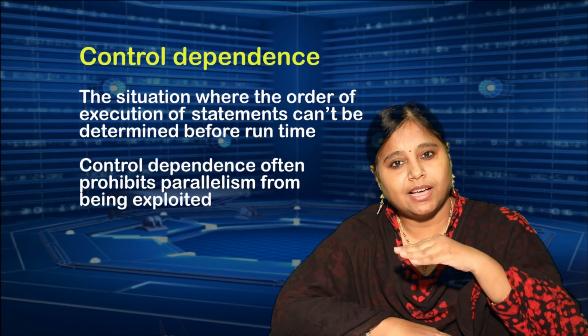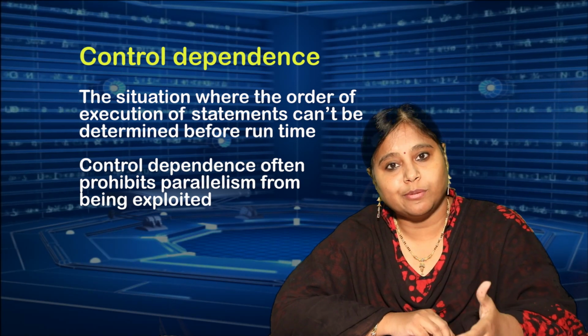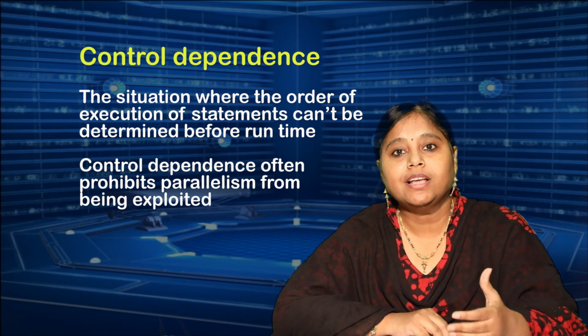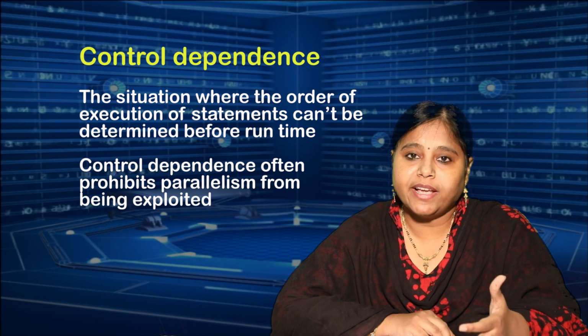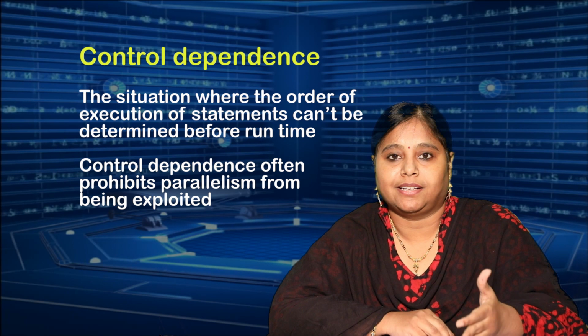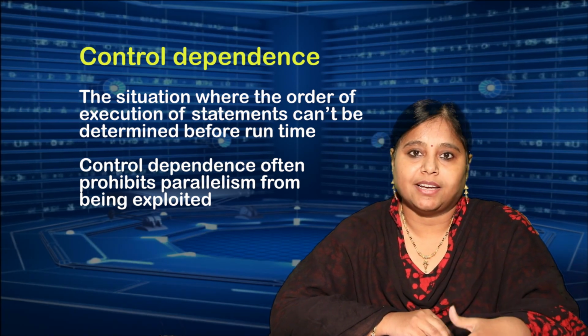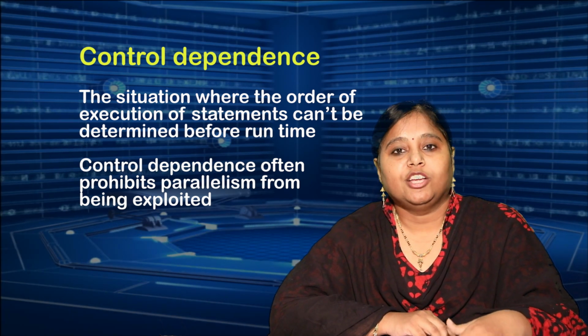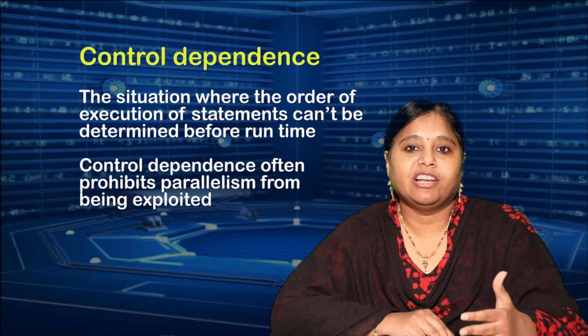Segments means using the control structures or subroutines, functions. These are called segments. If we want to execute those segments independently, that means parallelly, then we can achieve the parallelism. But sometimes using the control structures there will be dependent variables.